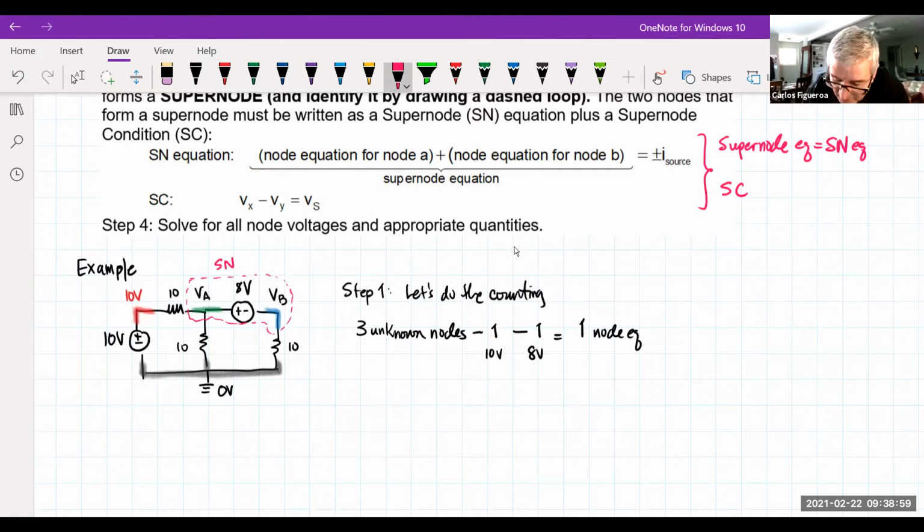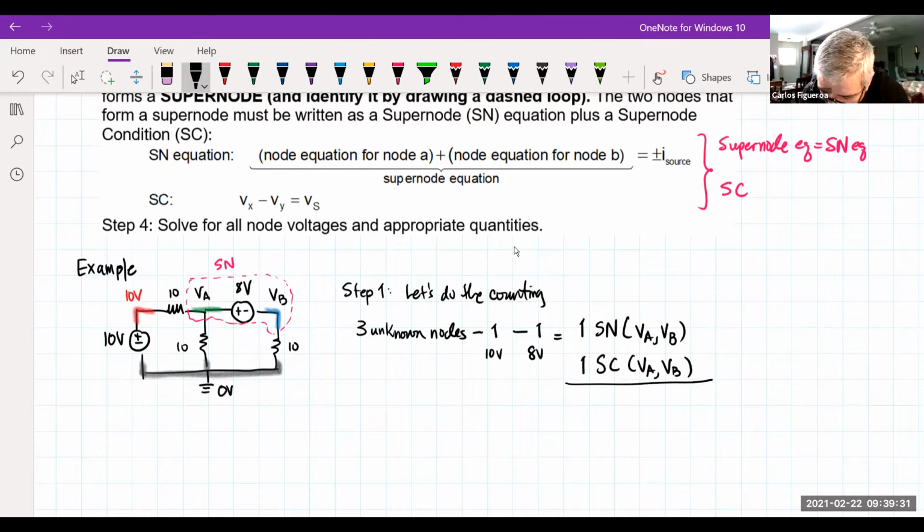So what kind of node is that? Well, I know that this is a supernode. So I have 1 supernode, and that means I'm connecting both node A and B. And associated with every supernode is a supercondition.